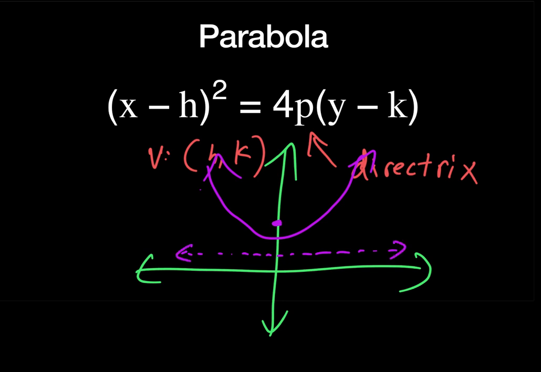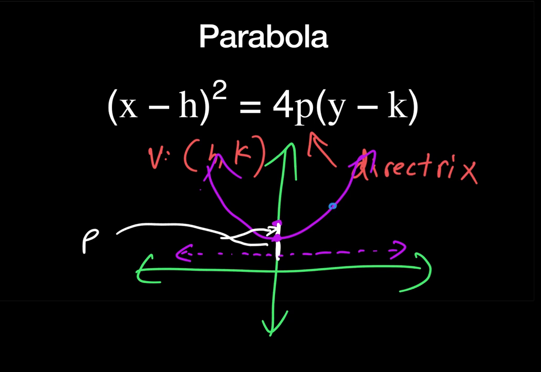And this distance right here is p. This distance right there is also p. So the distance from the vertex up to the focus, the distance from the vertex down to the directrix is p. And what is the directrix, you say?